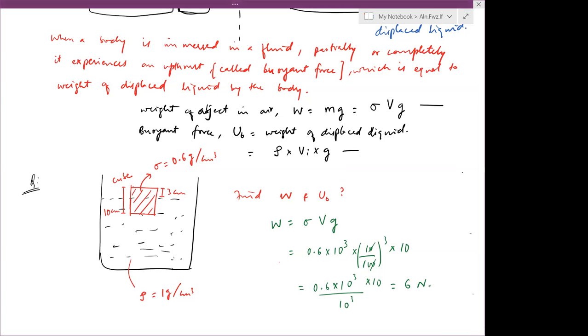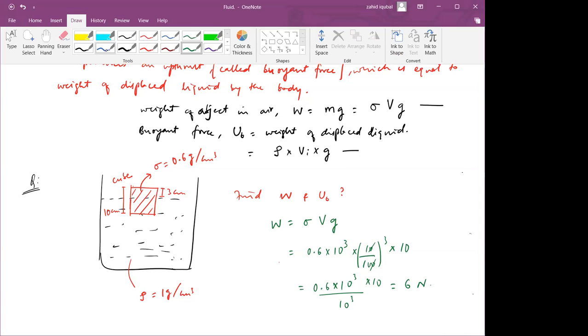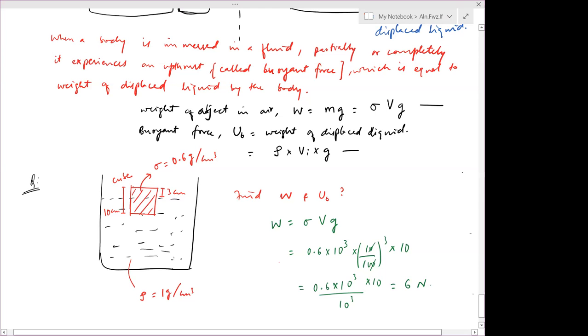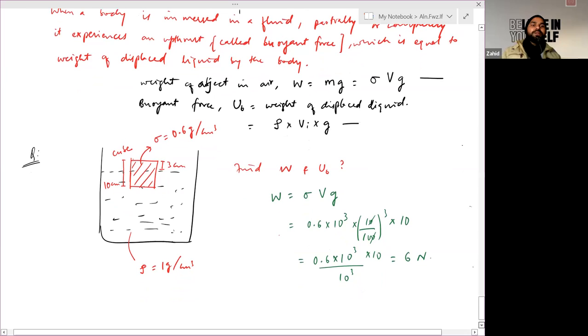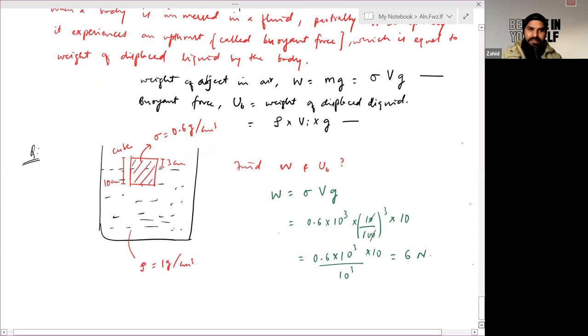I thought that we have to take the volume which is in water, so I subtracted 3 from 10. I have given the side of this particular cube, which is 10 centimeter, from which only 3 centimeter part is in air, the rest of the 7 centimeter is in water. It means, suppose if you define in terms of cube, it will be 3-dimensional, like this.